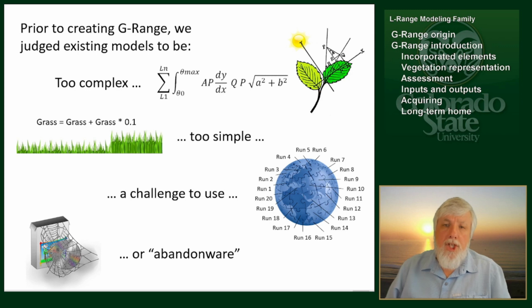Some models were challenging to use. Now, they're used all the time, including here in the Natural Resource Ecology Lab. I'm thinking of Century and Descent, but they are point-based models. They're very well known, used around the world, but they are, as I say, point-based models. They represent a point in space.